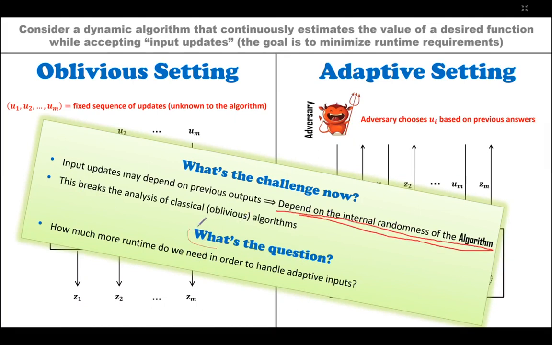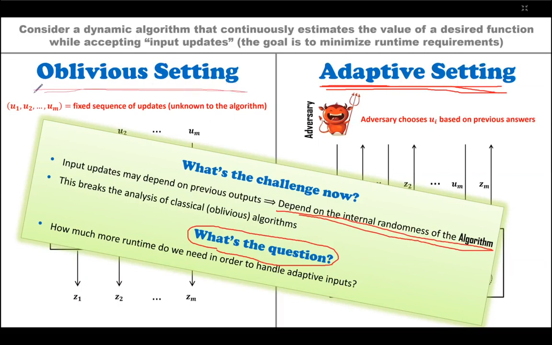And the question that I want to be asking today is, what's the price we need to pay in runtime in order to be able to cope with the adaptive setting? Or in other words, let's say I want to design an algorithm for some dynamic problem. How much more runtime do I need in the adaptive setting compared to what suffices in the classical oblivious setting?